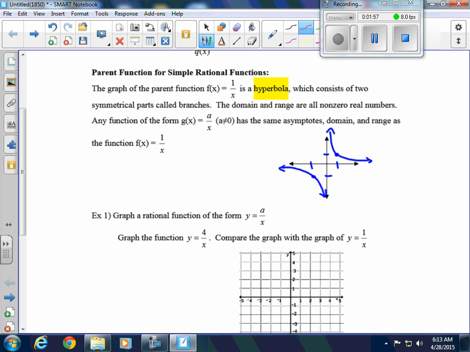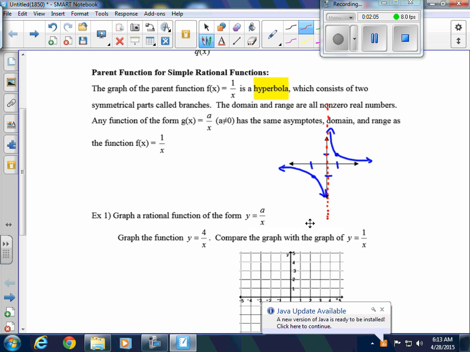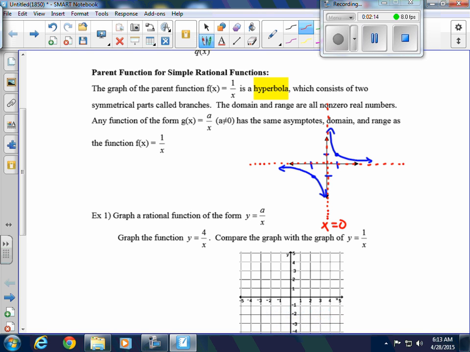Essentially what that means is you're going to have a vertical asymptote at that dotted line of x equals 0, and a horizontal asymptote at this dotted line y equals 0.